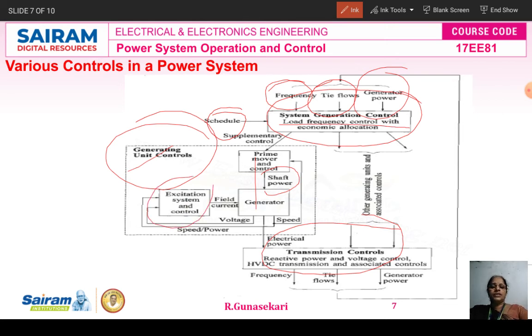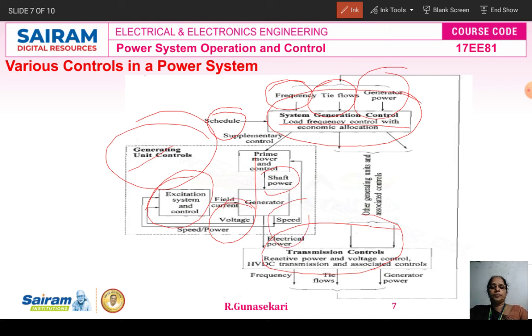Here what is the excitation system and control? We already know the AC generator, that is the alternator, the field is excited with DC power supply only. So the DC power supply is required for field excitation of the generator. That is nothing but the excitation control. What is the output of the generator?